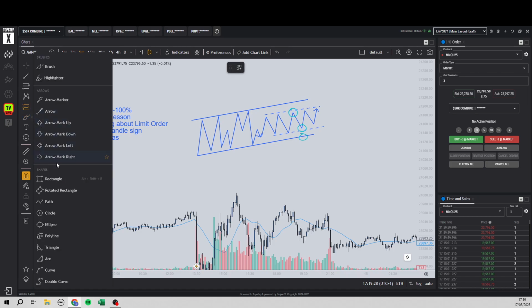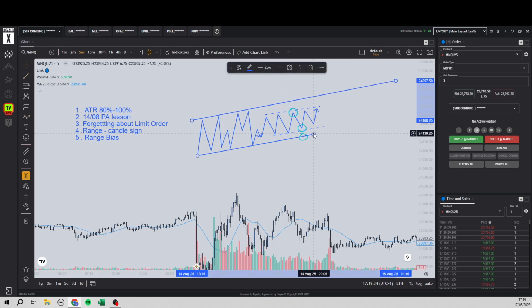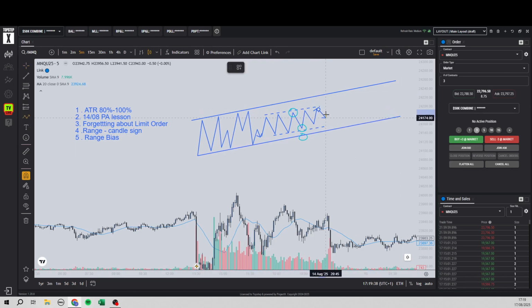Let me extend these a bit out. Now, if in the future we see the range still holding on, or we see a breakout, this breakout we probably expect to hit off this range and bounce back up into this range. If we see a continuation, then we're trading a continuation trend.